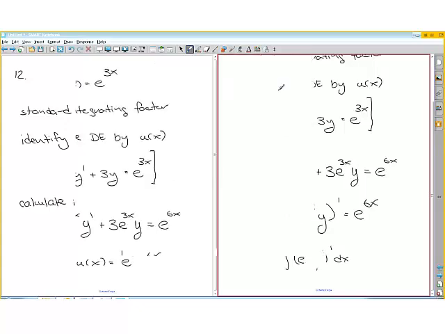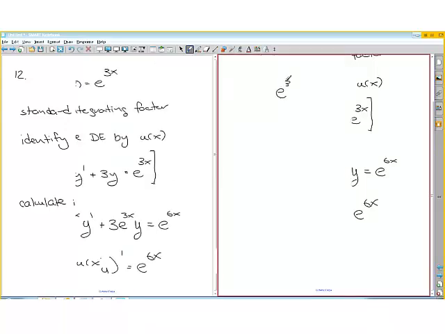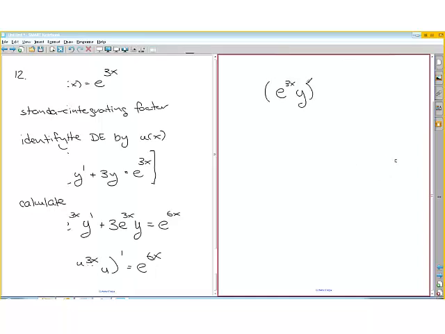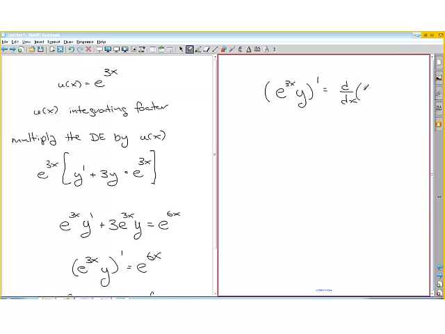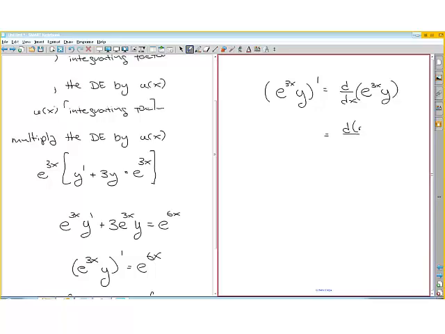Well, e to the 3x y prime is the same as d dx of e to the 3x y. And so if we then change that into differential form, it will be d of e to the 3x y divided by dx, and then we multiply both sides by dx, and we get that, and then we can integrate it.